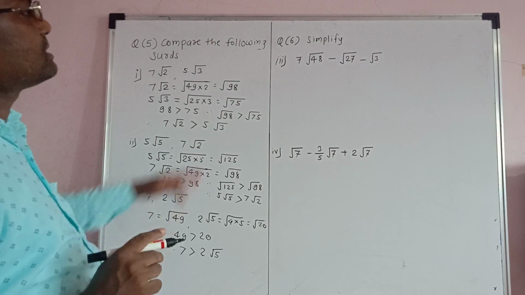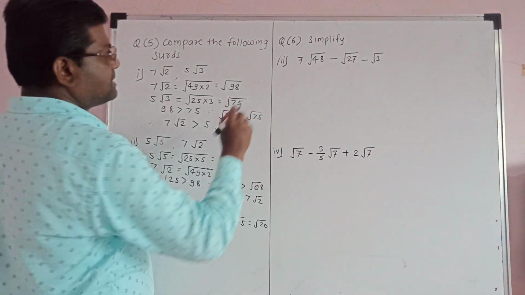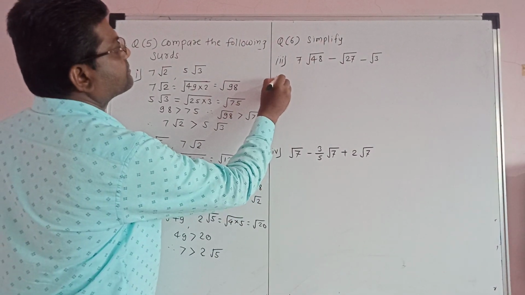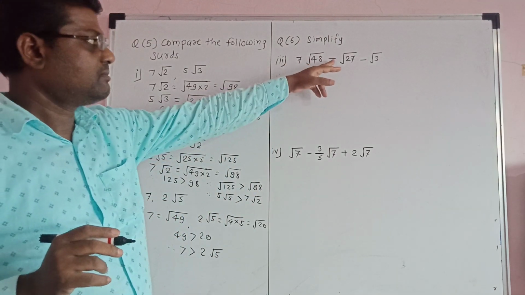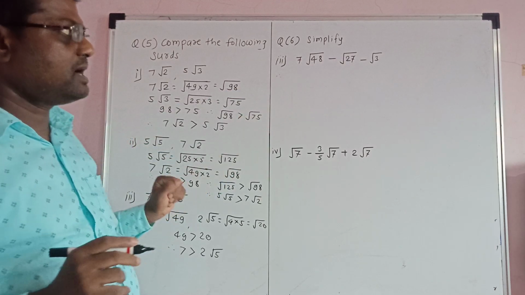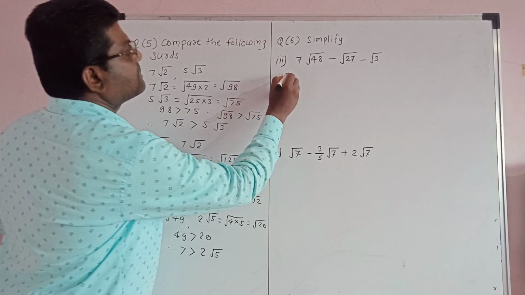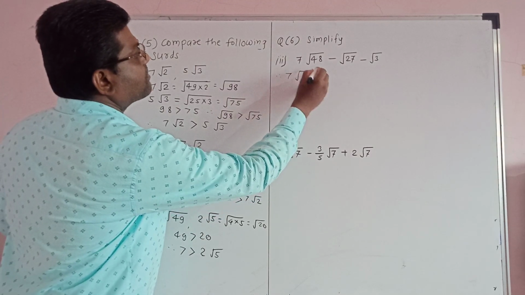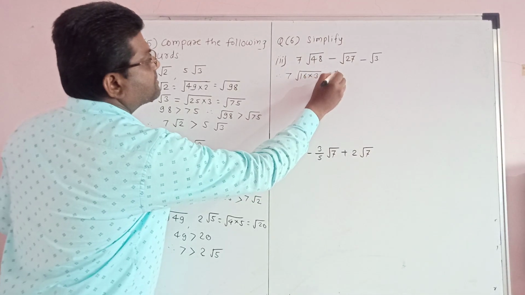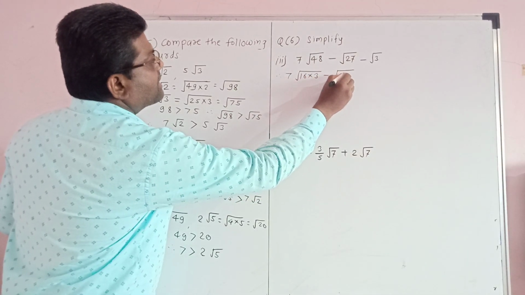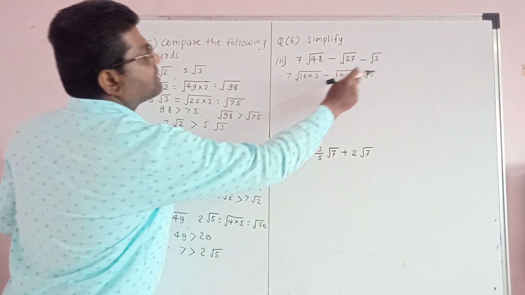Now question number 6. Simplify. Example number 3. Here 7 into square root of 48 minus square root of 27 minus square root of 3. So we write 7 into square root of 48 as 16 into 3, minus square root of 27 as 9 into 3, minus square root of 3.